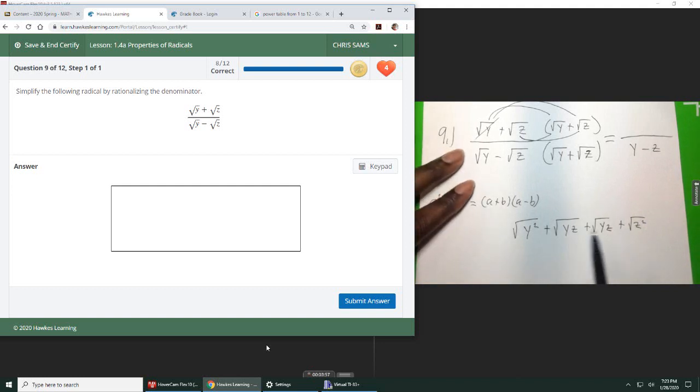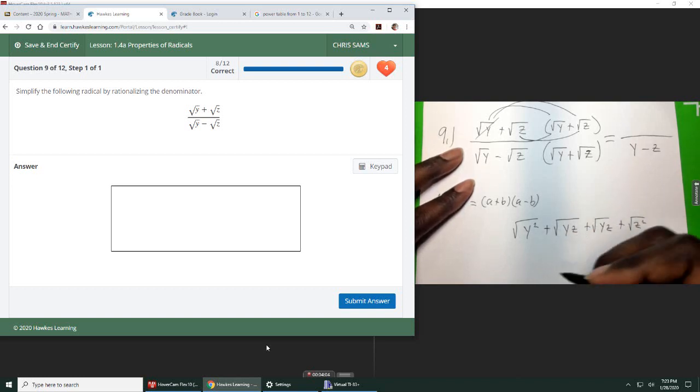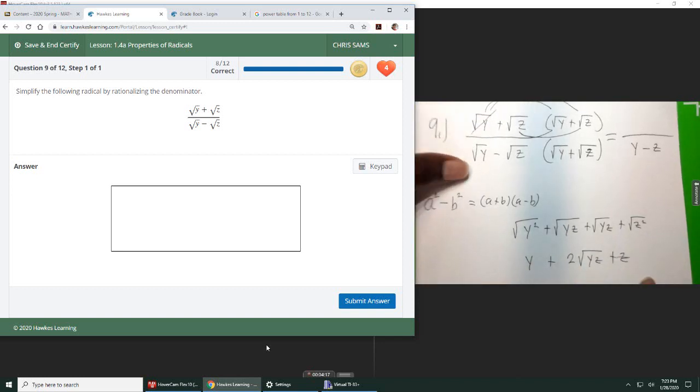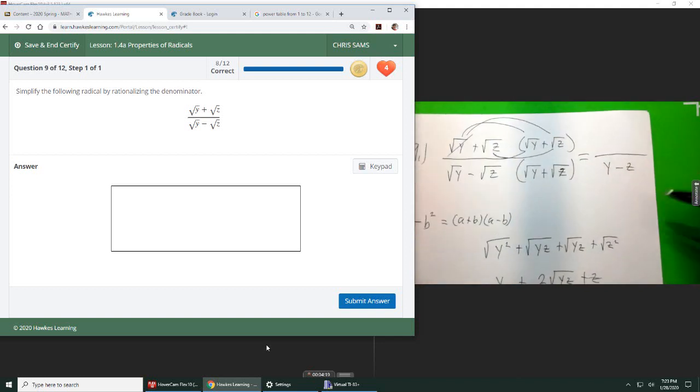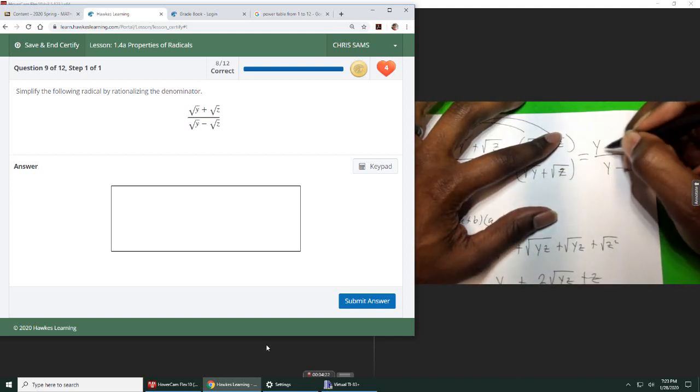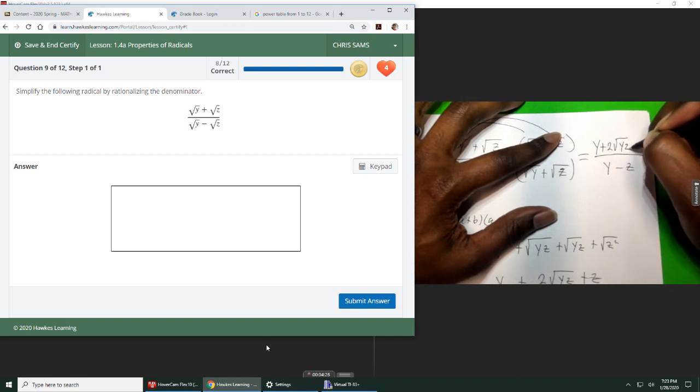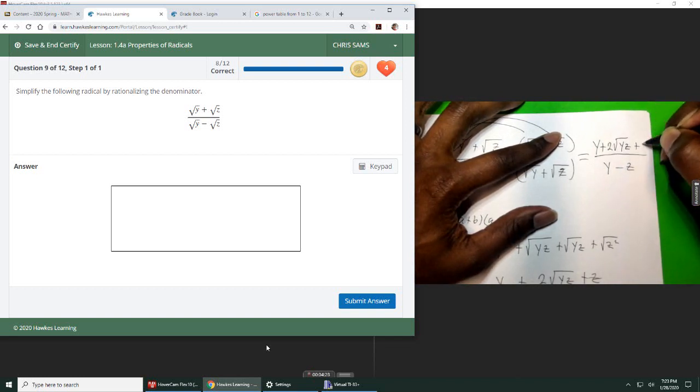So notice how these two are the same. Here's one of them, here's one of them. So I have 2 of these terms. When I combine these, this just becomes y plus 2 square root of yz, and then plus z. You can either write the y and the z out front and then the square root at the back. It doesn't matter. So my answer here is y plus 2 square root y times z plus z.